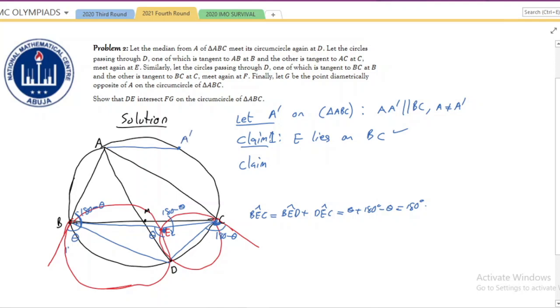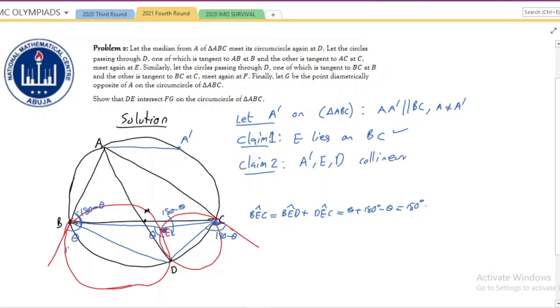So A prime is a point such that, a better description, A, B, C, A prime will be an isosceles cyclic trapezium. So as a matter of fact, we're going to prove this, that claim 2, that A prime, E and D are collinear.